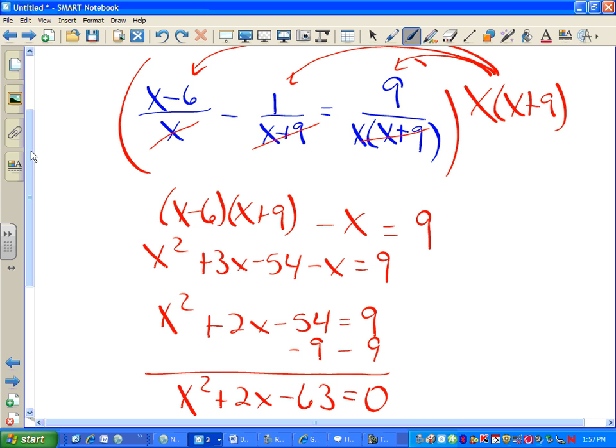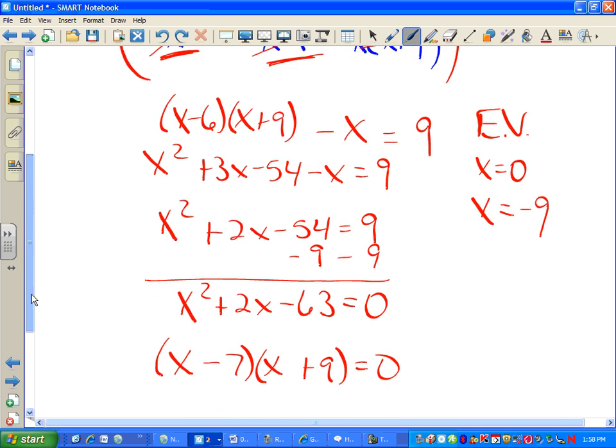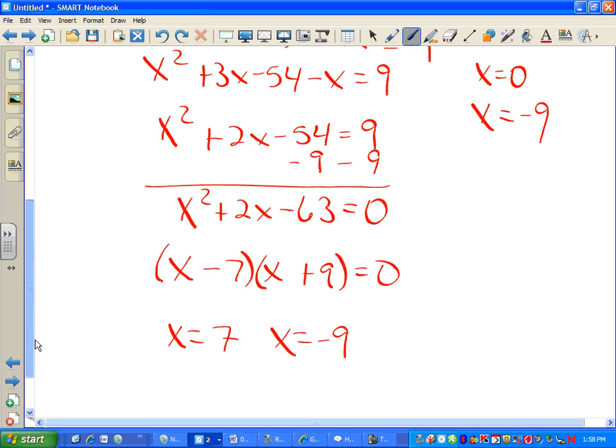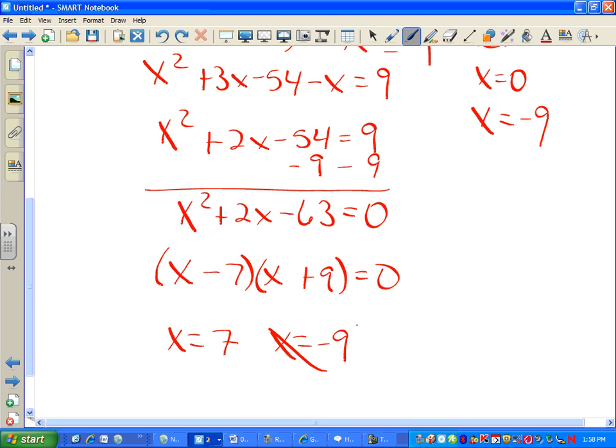Excluded values would be x equals 0. That comes from this guy. And x equals negative 9 is also excluded because if that part equals 0, it would make our equation undefined. So the negative 9 is out. The positive 7 stays. Okay, you are free to do your homework.